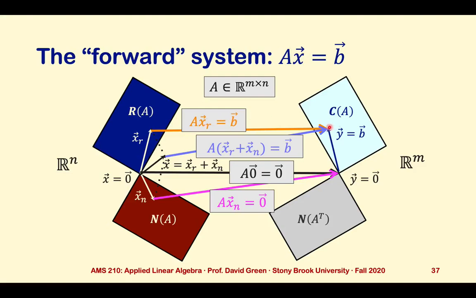But if we have a non-trivial null space, a null space of more than just the origin, there are additional solutions for the same right-hand side that can be written as a sum of that same solution from the row space and any solution from the null space. We can think about the set of solutions to Ax = b as being found by translating this null space up so that it sits on this solution in the row space.